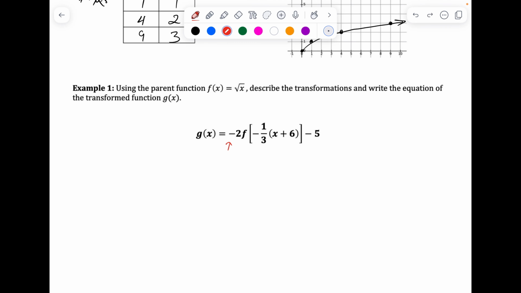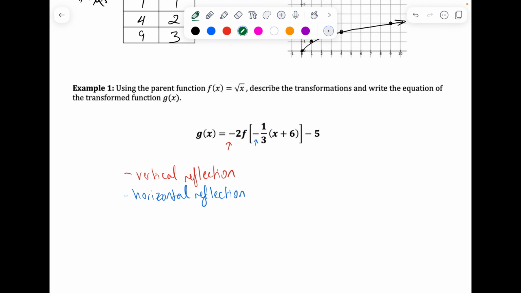So the negative outside the function we know is going to be a vertical reflection because it's happening to the whole function. All right, then the negative inside the function, that's going to be a horizontal reflection because it's inside the function, so it's horizontal, it's happening to the x's.